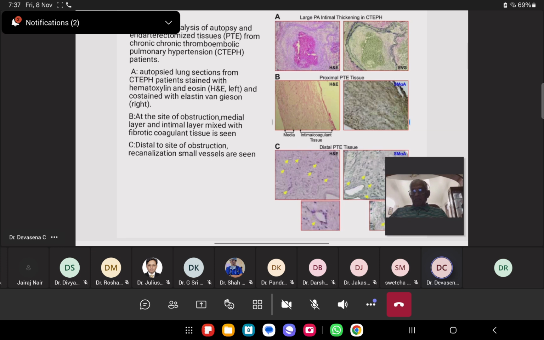The second image shows media and intimal hyperplasia which is fixed with the coagulant tissue. This is seen at the site of obstruction. And the third image shows the site distal to the site of obstruction, where recanalization or angiogenesis is seen.